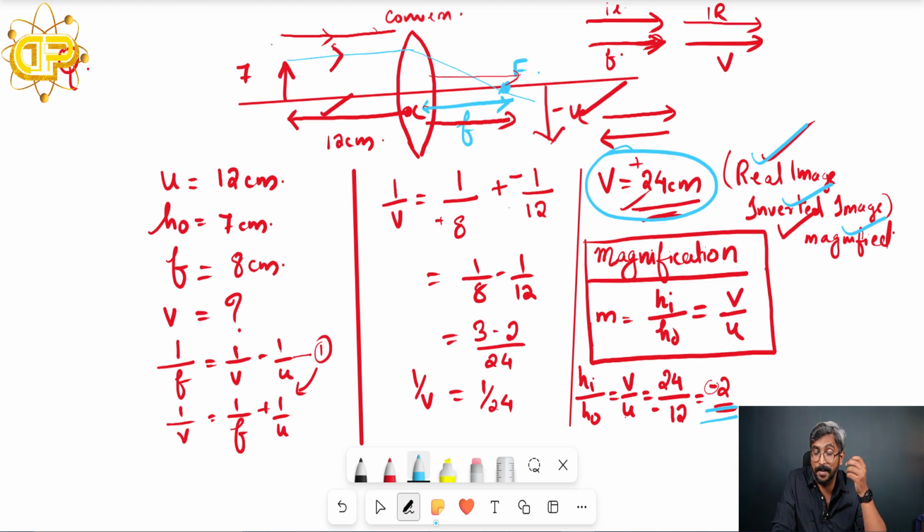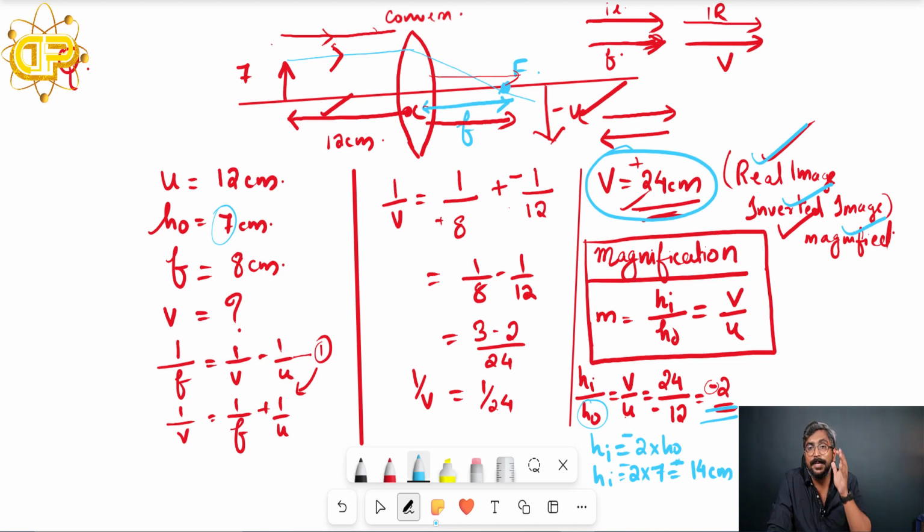So the magnification of it, not the height. Here you can see that the height of the image can be calculated: Hi is equal to 2 into Ho. What is Ho? That is 7, so it is equal to 14 centimeter. That is minus 2, minus indicates an inverted image, and 14 centimeter is the length of the image formed there.